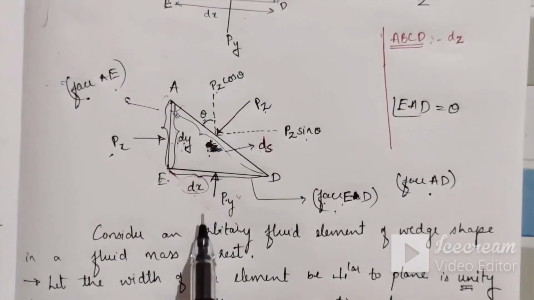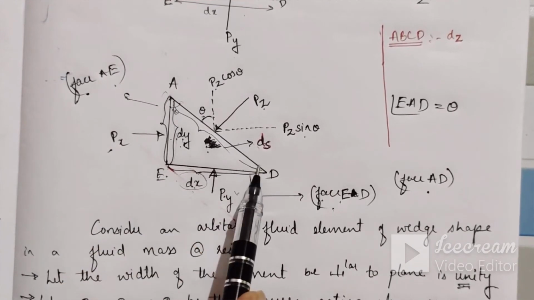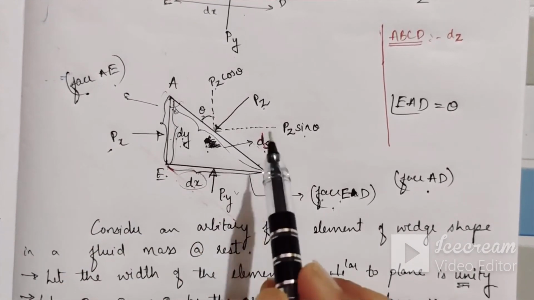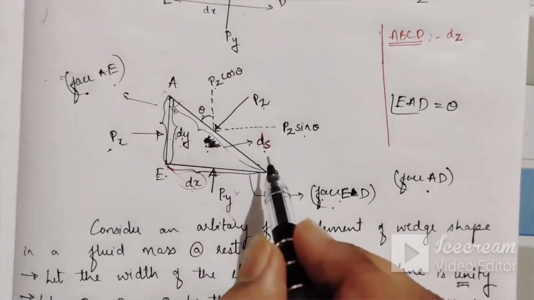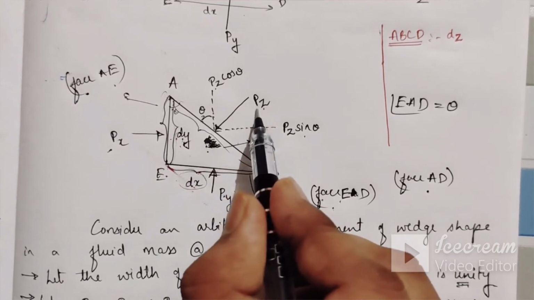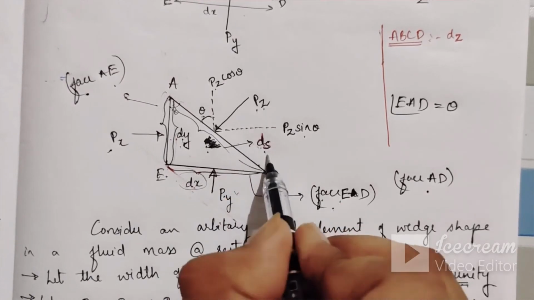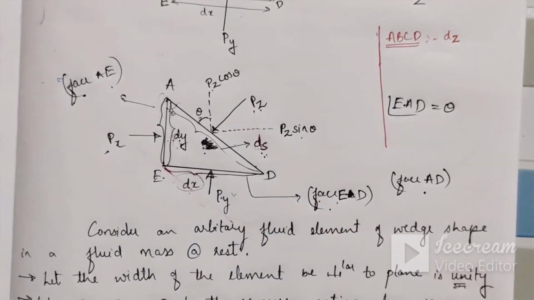But when we come to the inclined face AD, here we require a term ds. Here dz will not come into the picture. It is not unity. That is why here it is pz into ds.